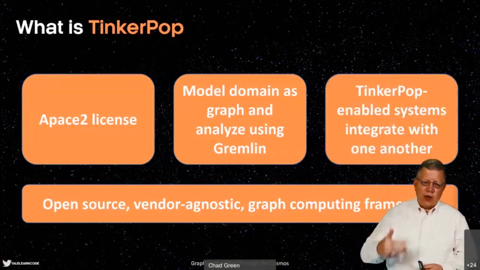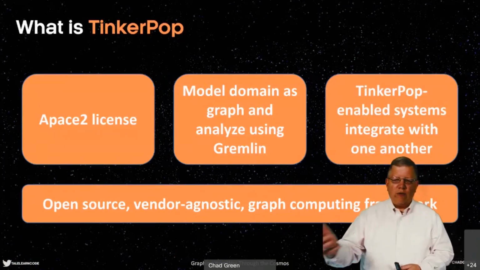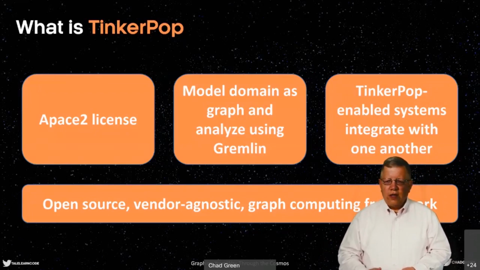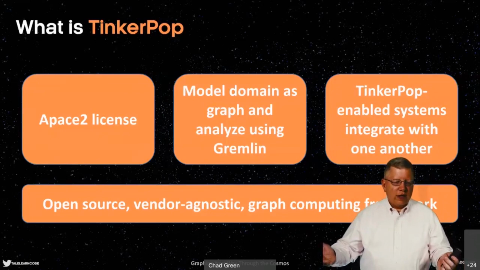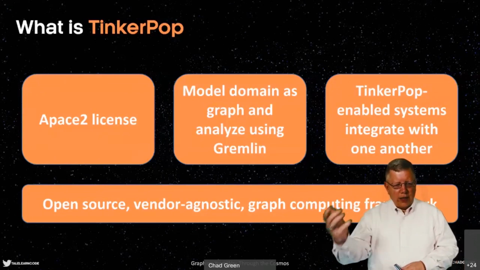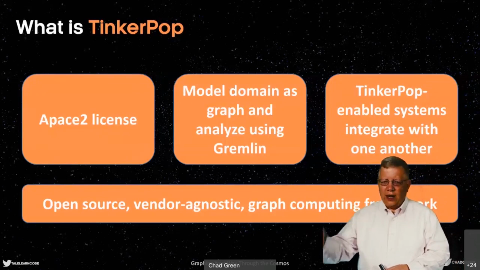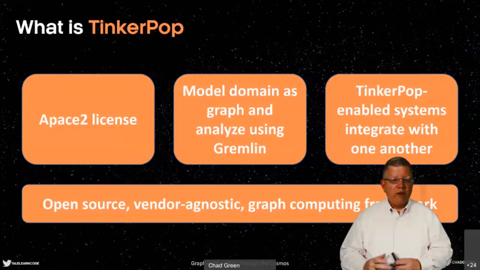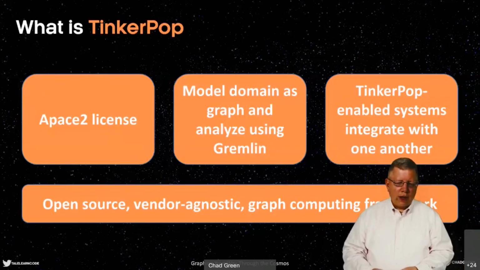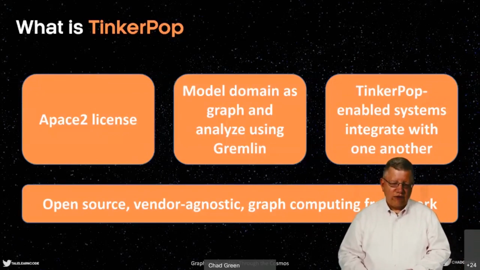Furthermore, all TinkerPop systems integrate with one another, allowing them to easily expand their offerings as well as allowing users to choose the appropriate graph technology. What we mean by this is, I'm going to talk about Cosmos here in a moment, but let's say I don't want to use Cosmos anymore for whatever reason. I can move over to another TinkerPop system because the underlying technology is all the same.